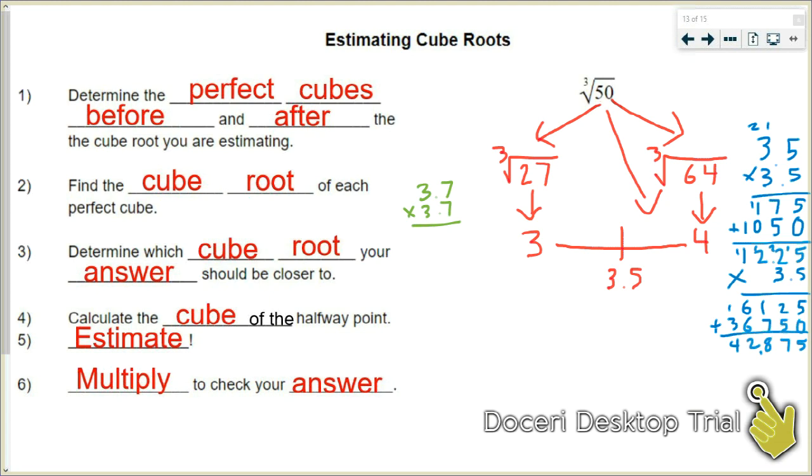So we have 7 times 7 is 49. Carry the 4. 7 times 3 is 21. Plus 4 is 25. So I have 259. Again, placeholder 0. Move on to the 3. 3 times 7 is 21.